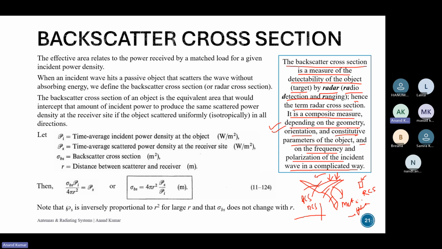So the RCS is more complicated than this simple definition. It definitely depends upon the material and the orientation. But basically RCS, or the backscatter cross section, is the detectability of the object. That's what we are trying to emphasize.